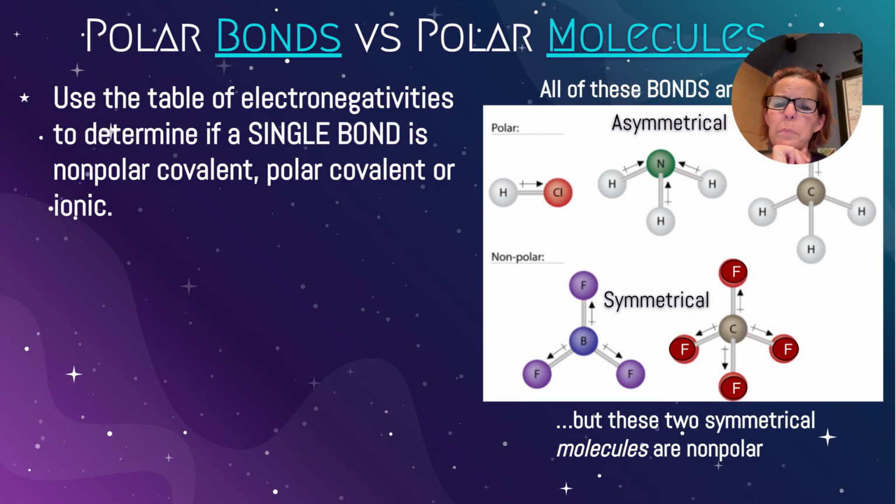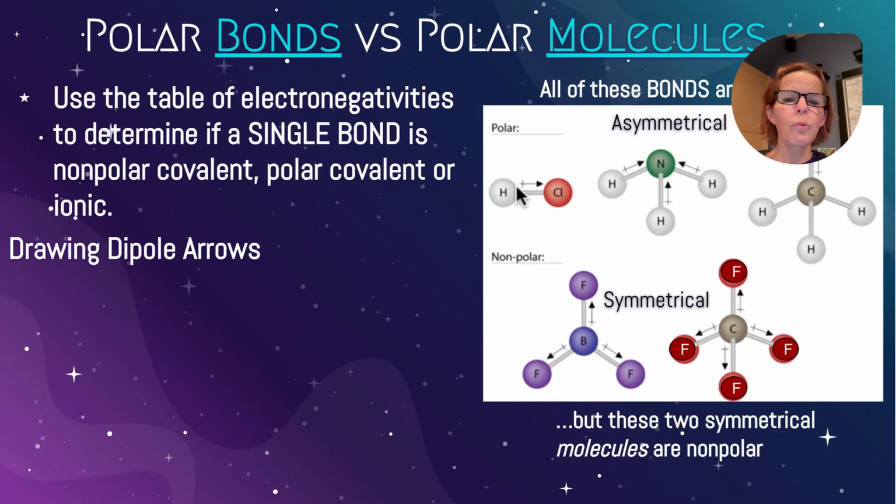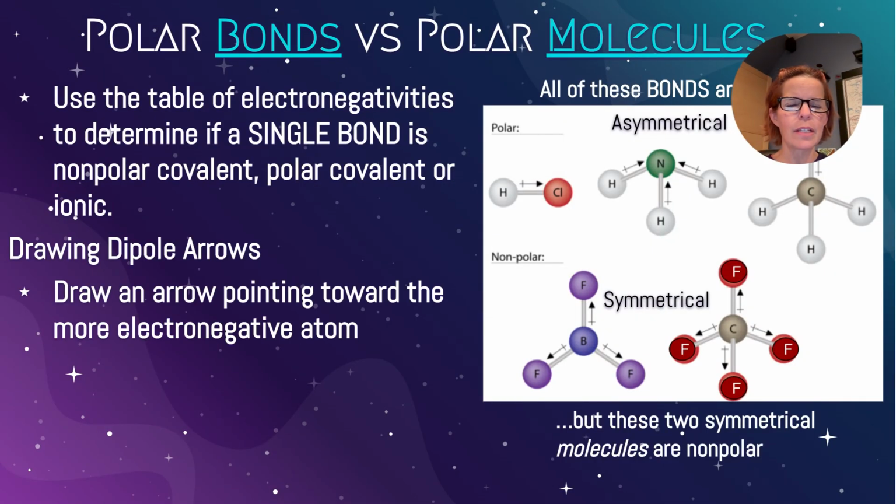We'll try over there. So it says, use the table of electronegativities to determine if a single bond is nonpolar covalent, polar covalent, or ionic. So those are polar bonds. So if we look at this molecule right here, the hydrogen and the chlorine, the hydrogen is weaker and the chlorine is more electronegative. So when we draw, we're going to draw this arrow that's called a dipole arrow.